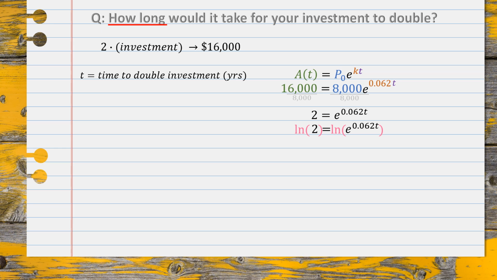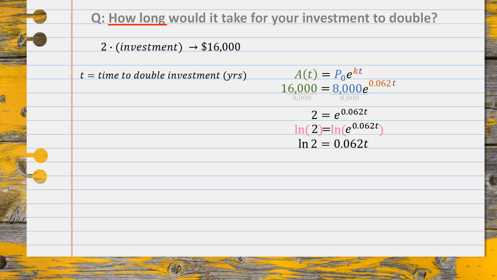So we're taking the natural log of both sides. Now remember, natural log runs off of base e. So on the right side, we have natural log base e of e raised to this power. Well, recall there's a unique relationship over there. It actually reduces to just the exponent. So our equation is now natural log of 2 equals 0.062t.